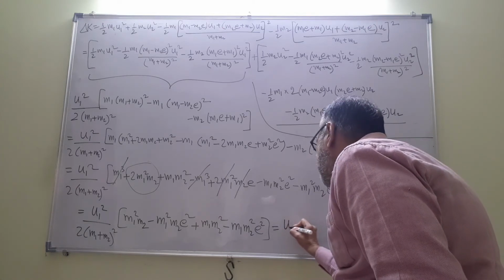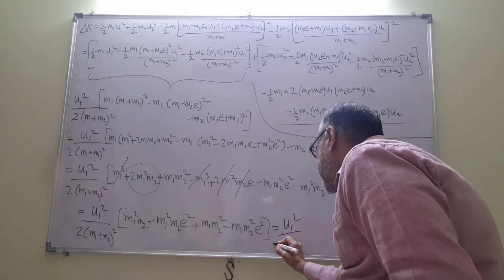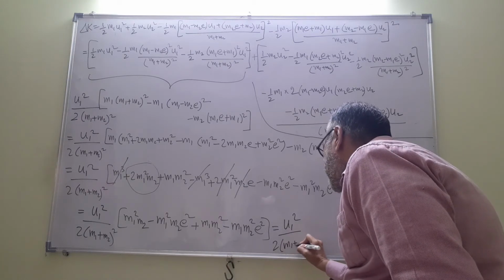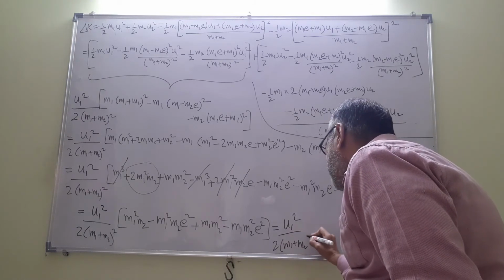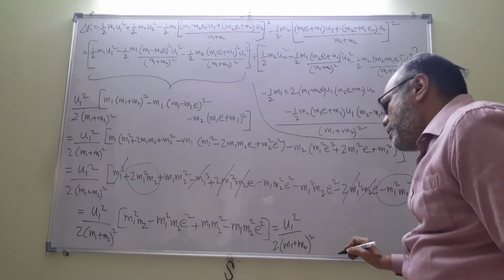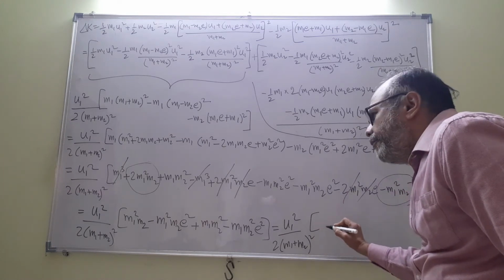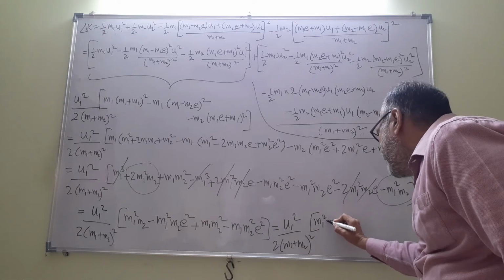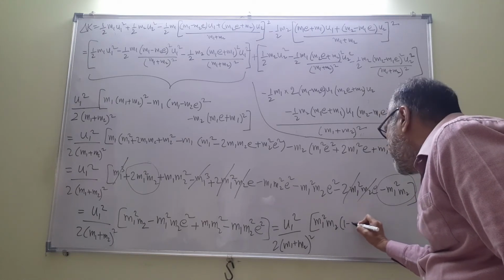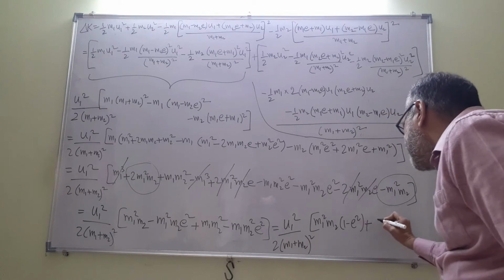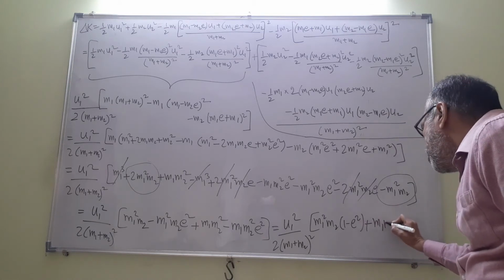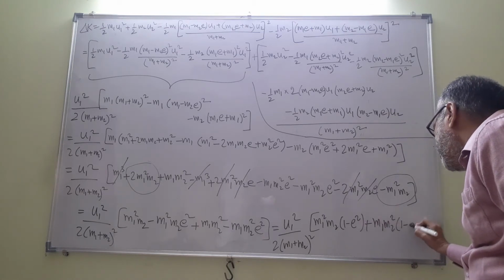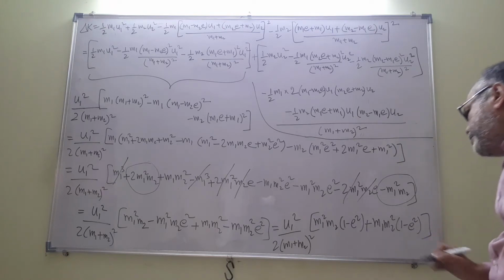Let's see. u1 squared by 2 (m1 plus m2) the whole square, and here you are going to have m1 squared m2 into (1 minus e squared) plus m1 m2 squared into (1 minus e squared). That is the expression.